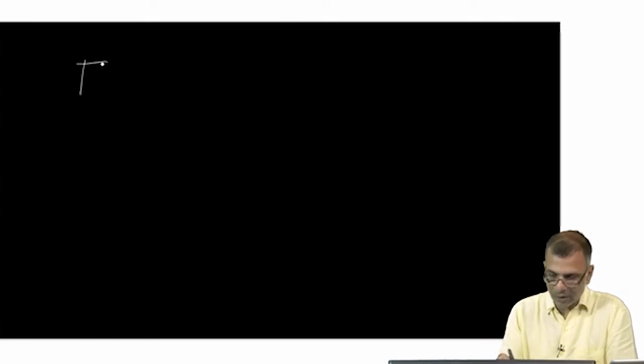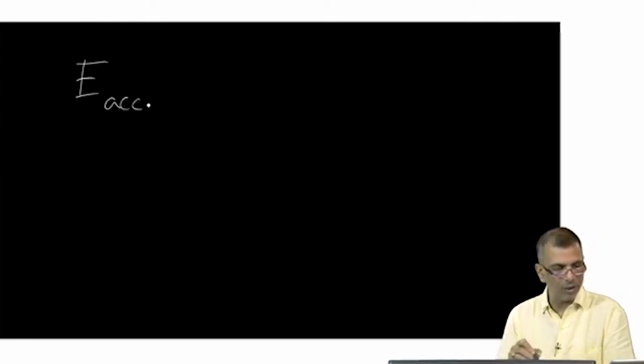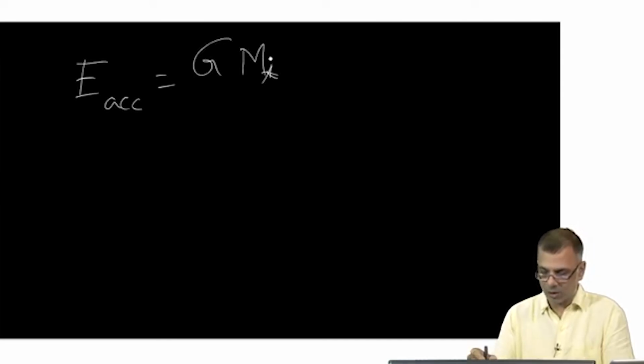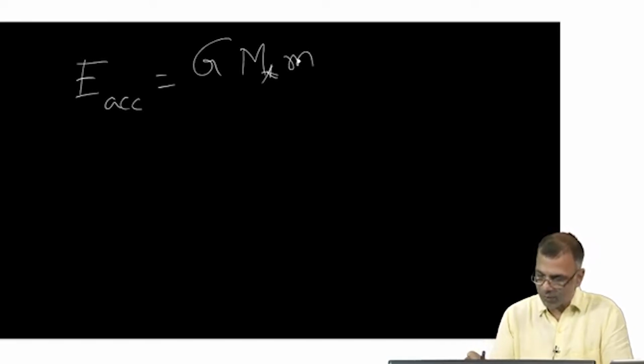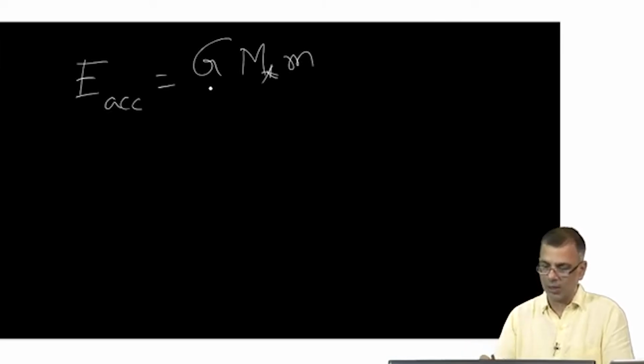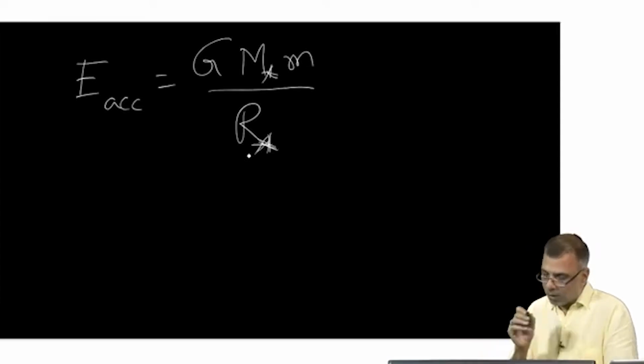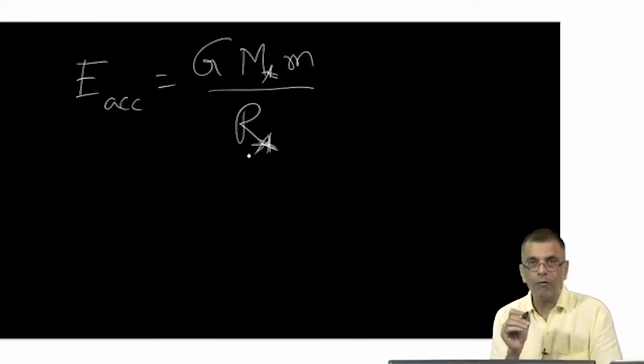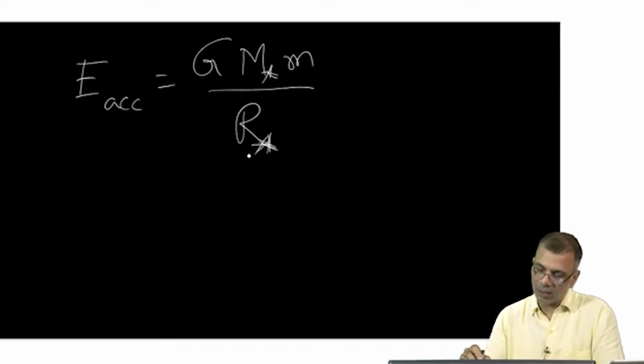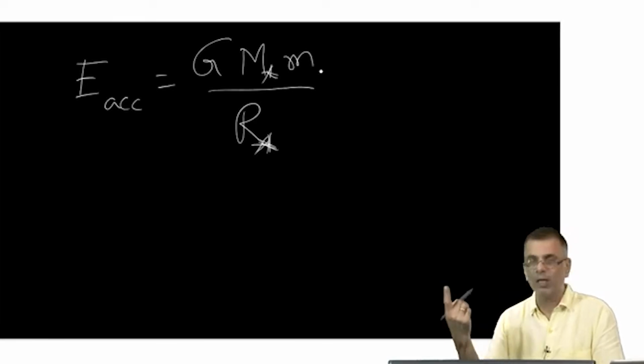We write this as E accreted, and this is simply equal to G m star m over r star, where m star is the mass of the central object and m is the mass of the blob which is accreting. That is it. Now we will try to show that for really compact objects, this can be really large. This can substantially exceed this 0.007 mc squared. In particular, let us just say this m is equal to mp, 1 per proton.